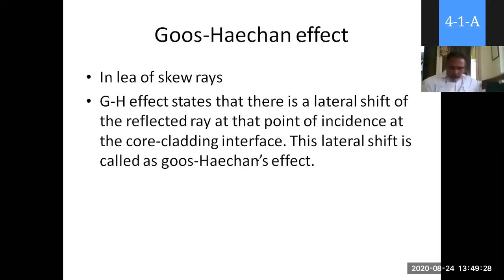So here, say for example, this is the core-cladding interface, where the light rays are propagating through skew ray propagation. Now here, the light ray is incident on the core-cladding interface, and it will reflect like this.